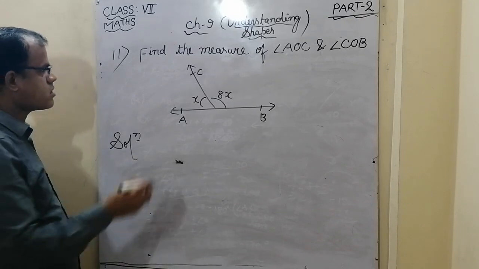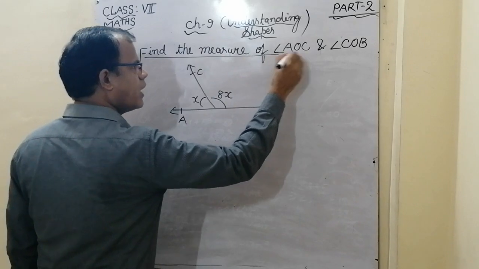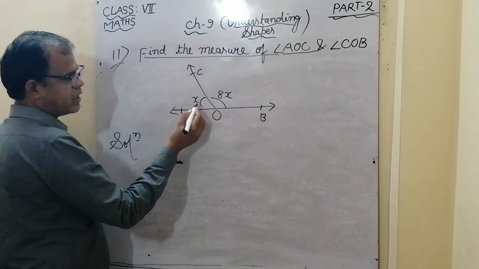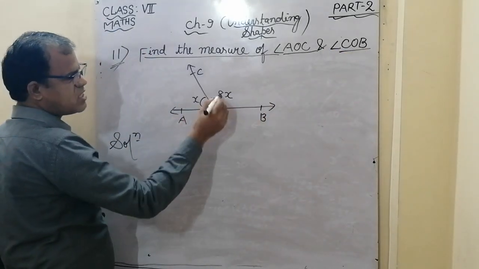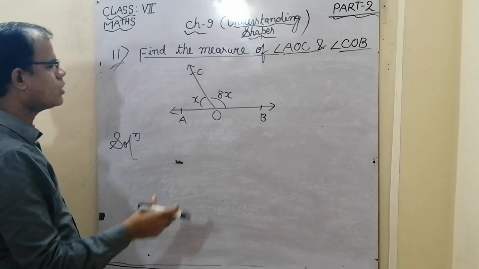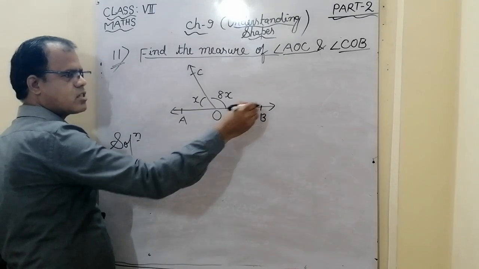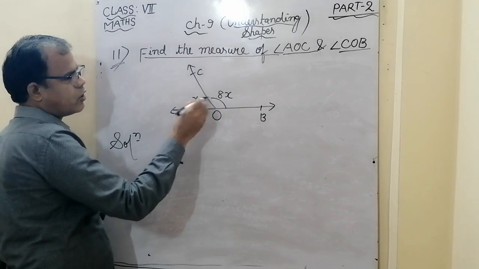Yes students, this is the last question, question number 11. Find the measure of angle AOC. Angle AOC is x, and angle COB is 8x. So look here, AOB is a straight line and here two angles are formed.